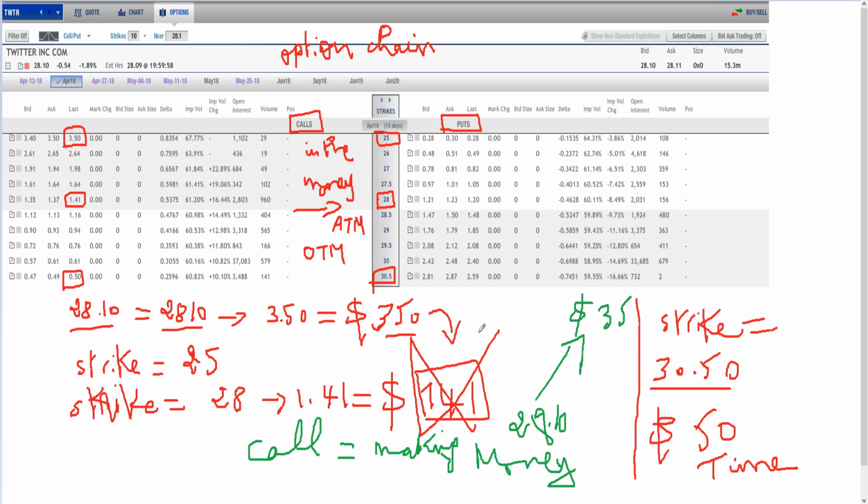Now, another example you can do is puts. Puts is the opposite.